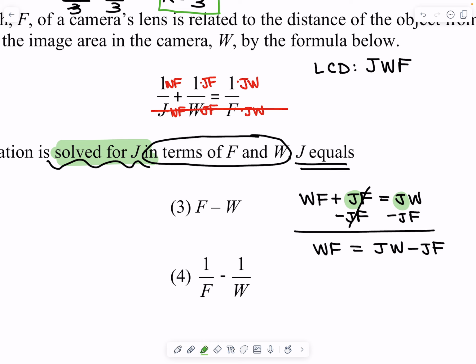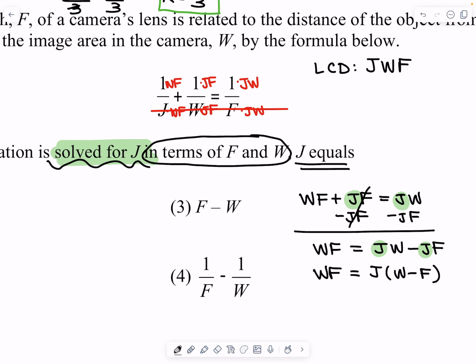And if I'm trying to solve for J, I need to get it by itself. Currently, I have it in these 2 terms as a common factor. I want you to think for a moment about what you would need to do to get J out of both of these terms. We need to undistribute it, which really means we need to factor it out because it is a common factor, GCF factoring.